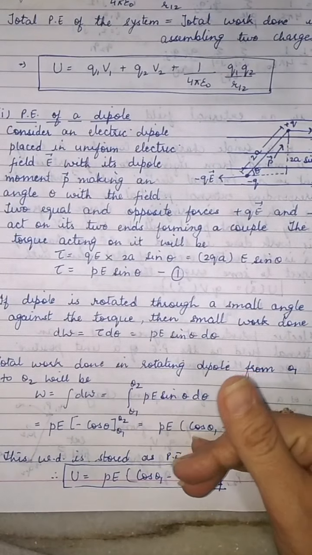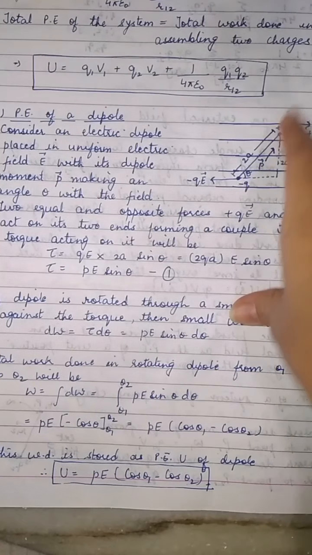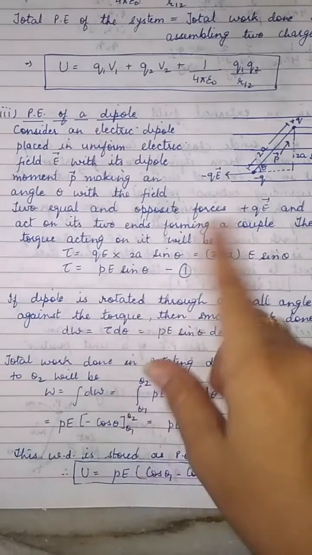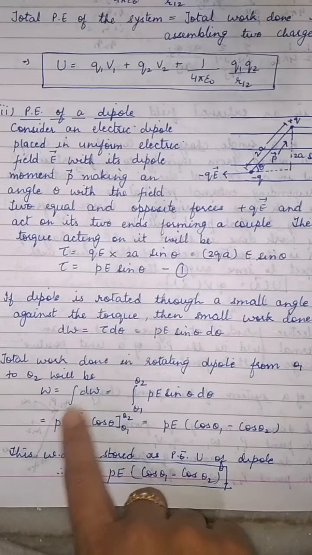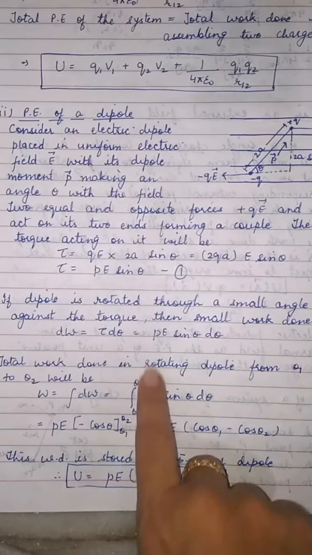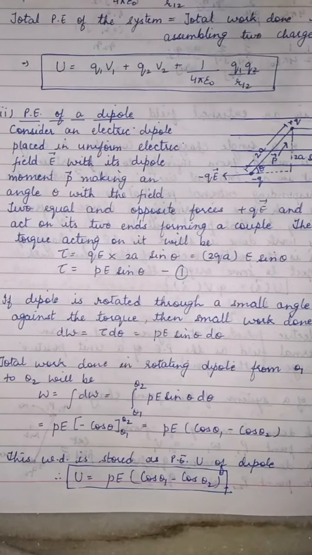Now consider that this dipole is rotated from angle theta 1 to theta 2. Then the total work done will be the integration of this dW, from theta 1 to theta 2, these are the limits, initial angle to final angle, pE sin theta d theta.